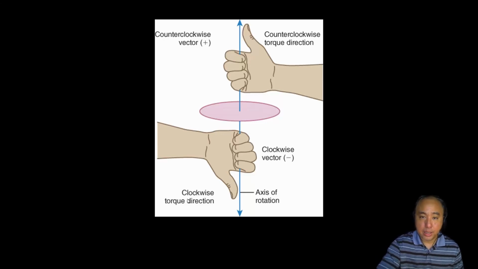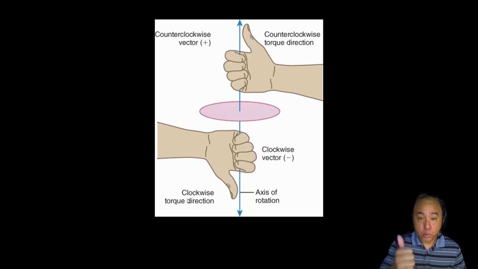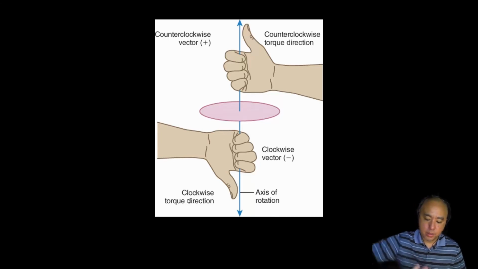So if I'm looking at the axis of rotation, I follow those two axes that define that plane. We take what's called a cross product. You don't have to know this for this particular lecture. The direction of the thumb indicates the direction of the torque. So counterclockwise is positive. Clockwise, if I'm following in the other direction, is negative.